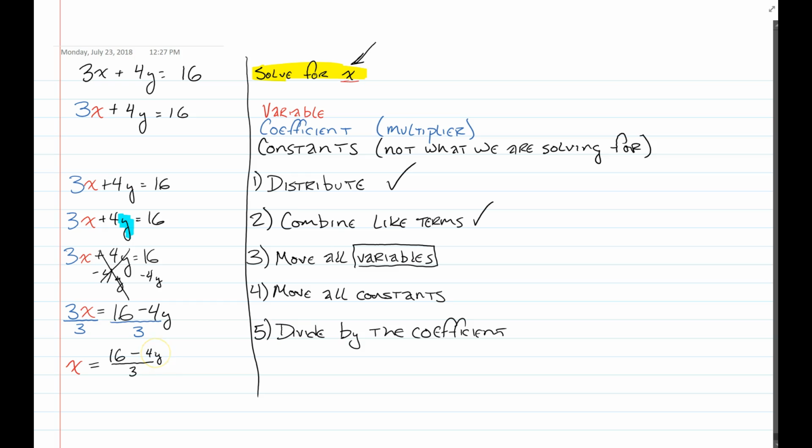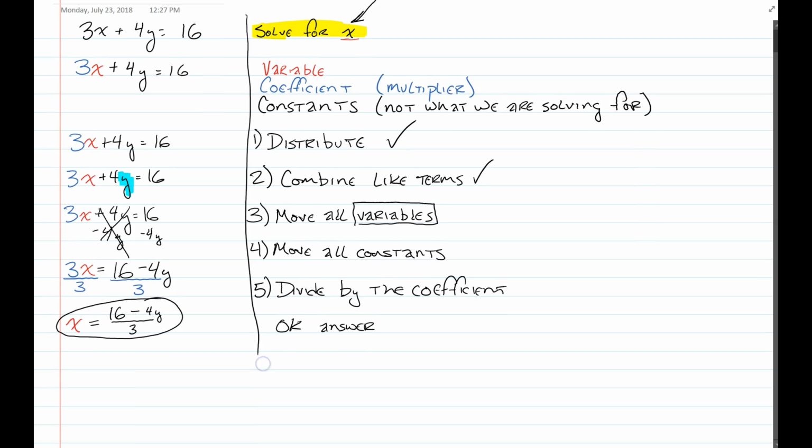Well, 4 does not divide evenly by 3 either. This is an okay answer. It's technically true. However, what I want you getting used to is separating these 2 terms from one another.